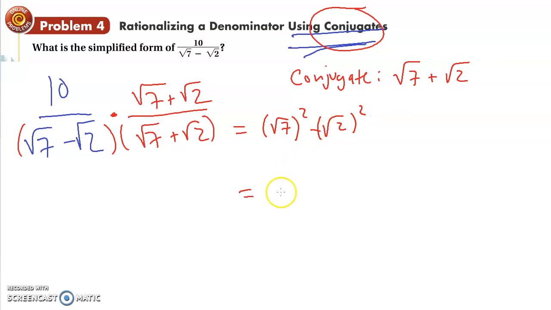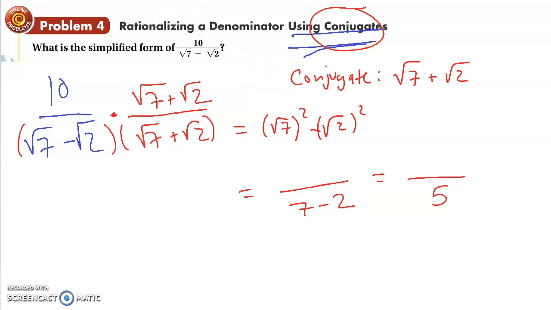Square root 7 times square root 7 is just going to be 7, minus 2, which will give us 5 as our denominator. Now that's amazing, because already I can tell that this is a much better answer than just leaving it like this. We are allowed to have 5 in our denominator. We are not allowed to keep this as our denominator.